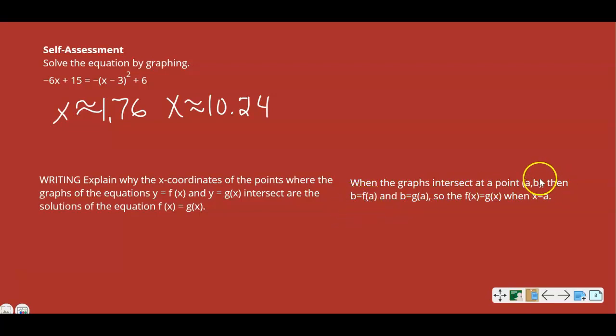Remember, this is saying b. This is your y. Y equals this and y equals that. So remember in the previous problem when we put y equal to the left side, y equal to the right side, that's basically what this is saying. B is your y in this case. So f of x equals g of x when x equals a. So that's why your x value would be your solution.